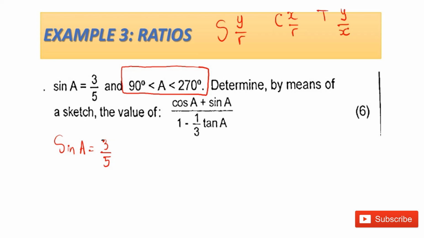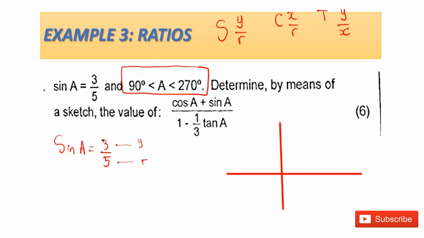Because we've got sine of A, this 3 is the y and this 5 is the r, so we can simply use the theorem of Pythagoras to calculate the x value. But before we apply it, we need to see which quadrant we are working in.